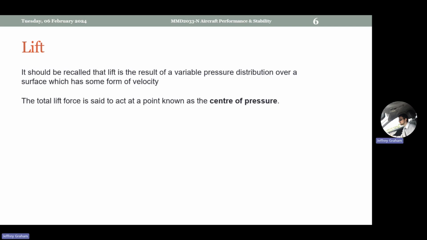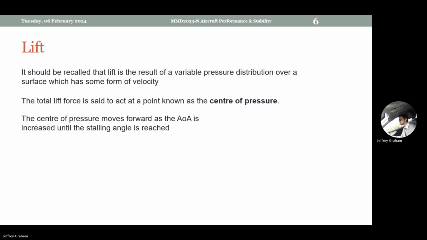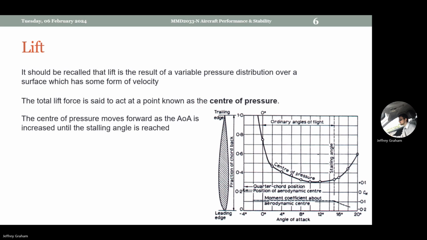The total pressure distribution will produce something called the center of pressure. That center of pressure will be where the overall lift force is said to act. So, here's an diagram for it.